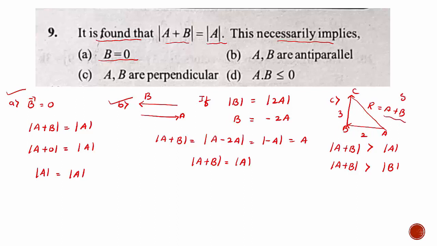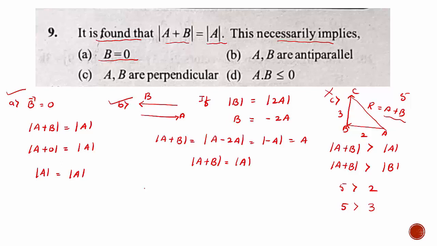We can write directly 5. 5 is greater than 2. Similarly, 5 is greater than 3. So here A plus B is always greater than A or always greater than B. So the condition is not followed, right? So this is the wrong option.